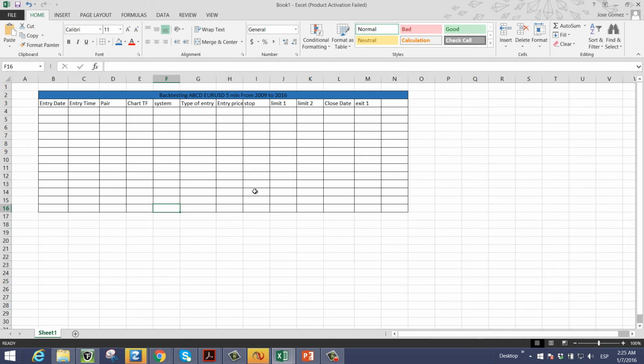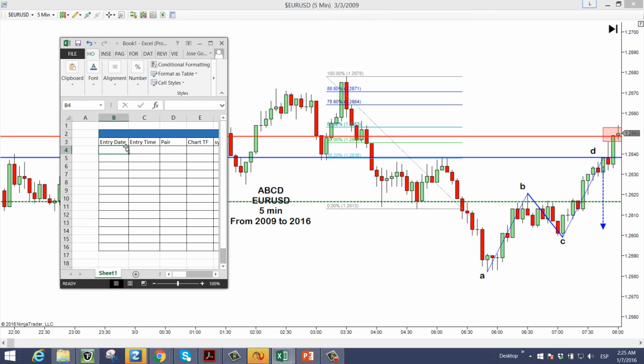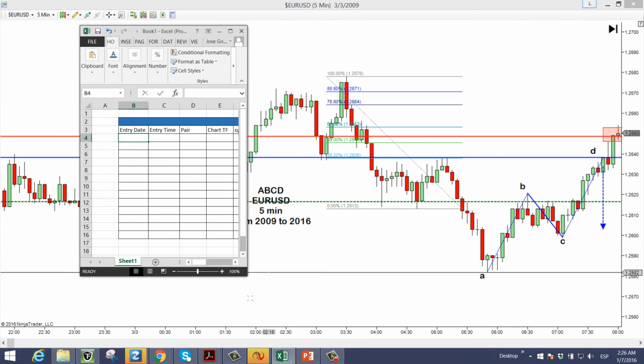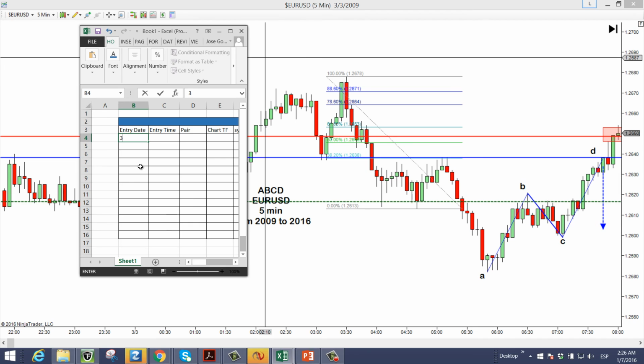Real easy, isn't it? So, for example, if I take this, considering this a backtest, I'm going to fill in the entry date. My entry date was day 3 of month 3 of 2009.